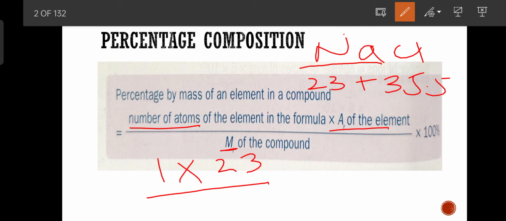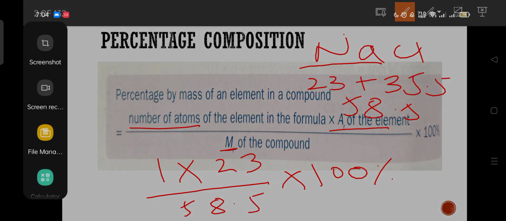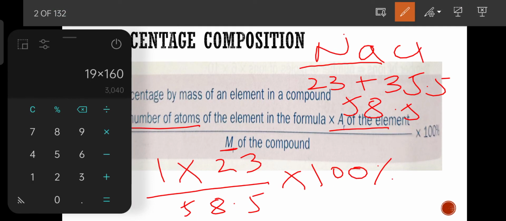MR is the mass of sodium, that is 23, plus 35.5. So if you add 23 and 35.5, you will get 58.5. Now you have to multiply this value by 100 because we are finding the percentage.